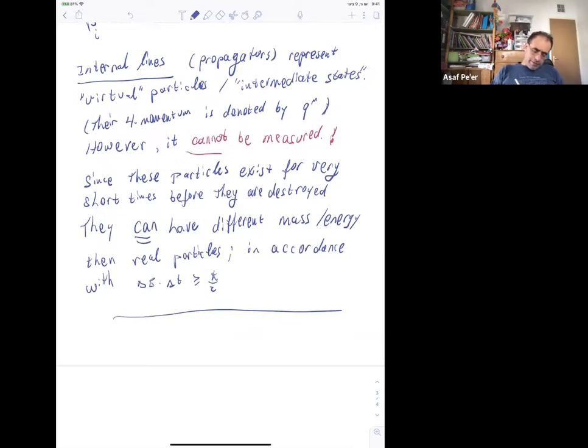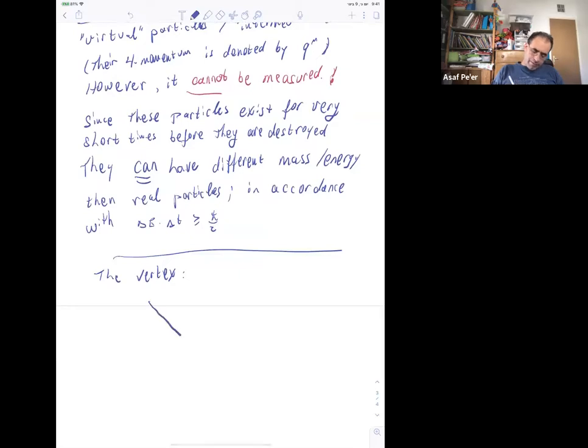Okay, the vertex. Let's look now at the vertex. Q and anti-Q, and here we have a photon. By the way, I checked out how to present the particles. Apparently I was confused or I simply forgot because it's been too many years.